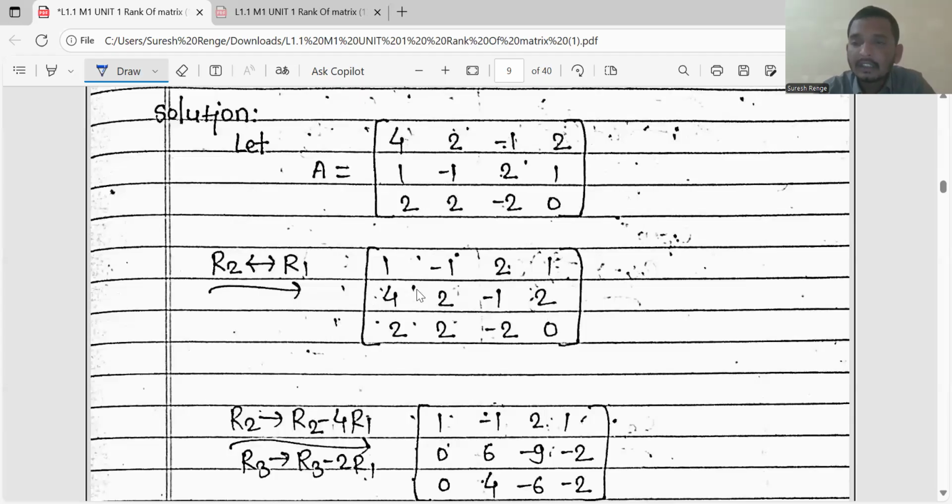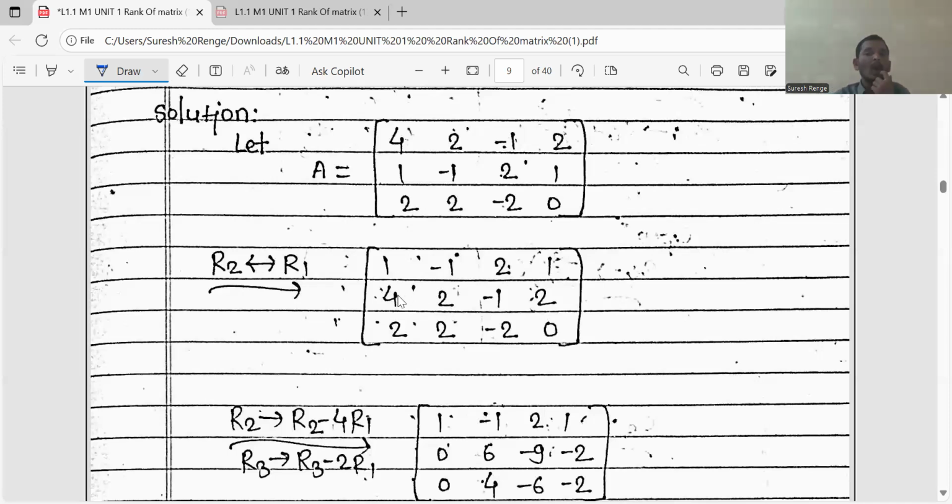Now let us observe row number 1. The leading element of row number 1 is 1. In normal form, it is compulsory to make that element equal to 1. Now make the elements below it 0. अगर ये 1 leading element है, I want to convert the matrix into normal form, तो उसके नीचे जो कोई एलिमेंट है वो सब 0 होने चाहिए, और उसके साइड में रो में जो कोई एलिमेंट है वो सब 0 होने चाहिए.